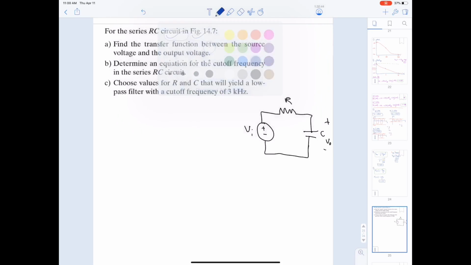The transfer function is H of S. H of S is V output in terms of S divided by V input in terms of S. We start with the numerator, which is V output, and we do a voltage division. That's the relationship between V output and V input.